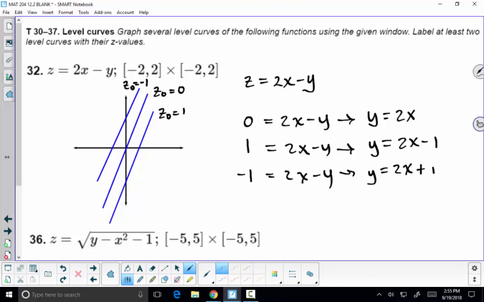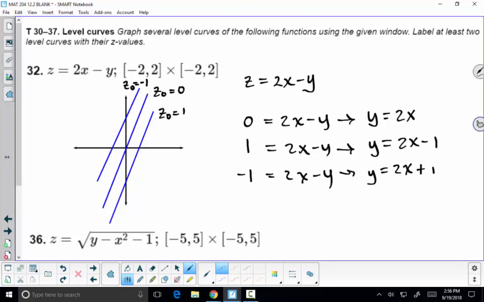So those are below the xy plane. So if you imagine the xy plane like this, we now know where we're above it and where we're below it. We can kind of see that it's tilted into the board, that direction, below the xy plane there, and above the xy plane there.